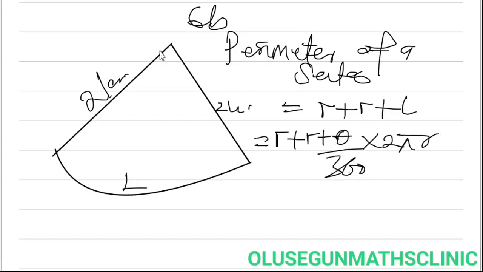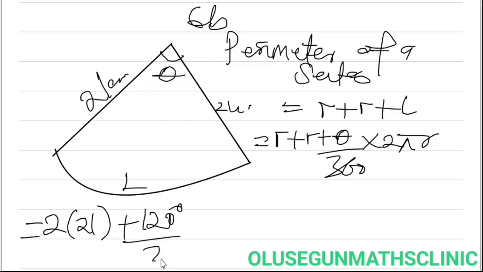So we have the theta here. You now apply the values. We now have 2 times 21 plus what is the value of our theta? The value of our theta is 120 degrees over 360 times 2 times 22 over 7 times r.